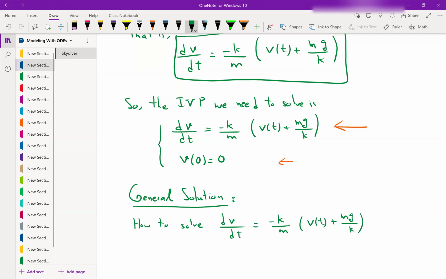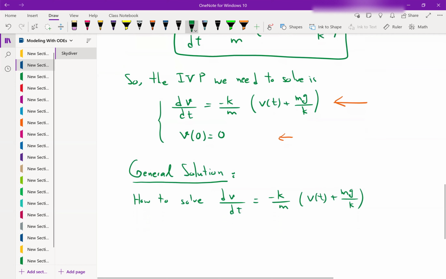My friends, one way to solve this is to identify this as a first order linear equation. Then you can follow the steps that we have for solving a first order linear equation to find the solution, finding the integrating factor, and so on and so forth. So that is one way to solve this equation, which is perfectly fine. You can do that. But for this example, there is a shortcut. So let me first write that you can obviously solve this problem by following the steps that we have for solving a first order linear equation.